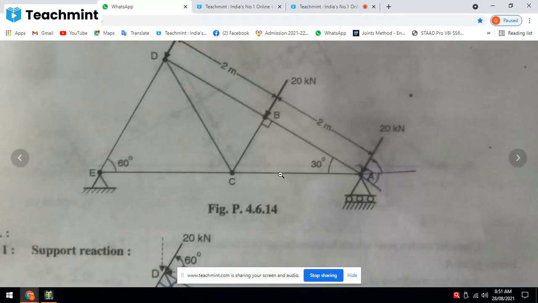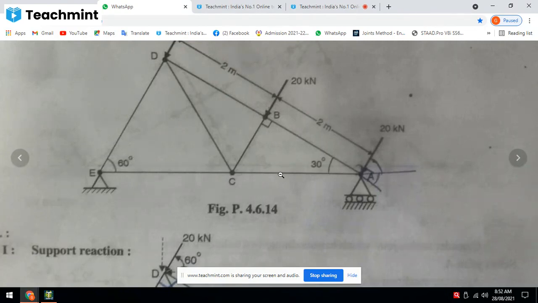So AC is equal to 2 by cos 30, which is 2.30. Similarly, EC is 2.30. So total will be 4.6.